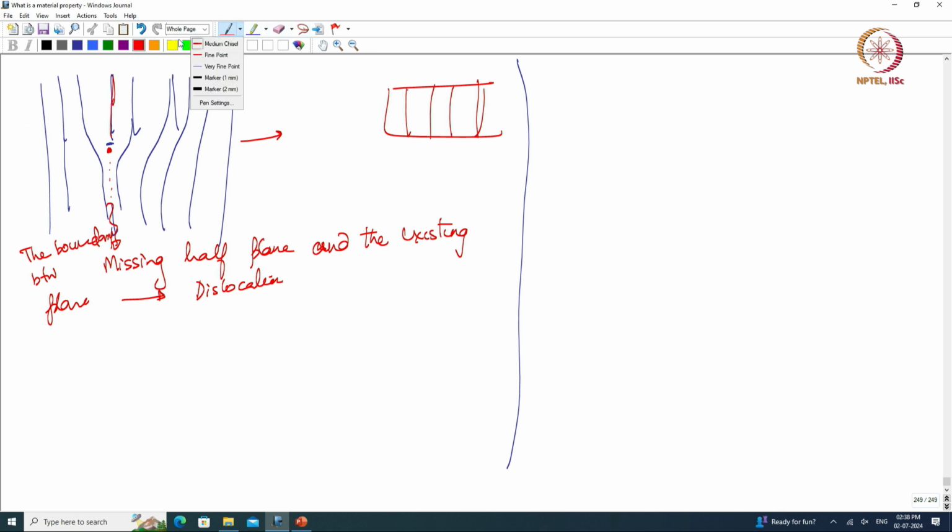That is the upper half, this is the bottom half. It would have created this one step on the surface, this step here and this step here. So, it goes from this stage to this stage by motion of this dislocation, right.